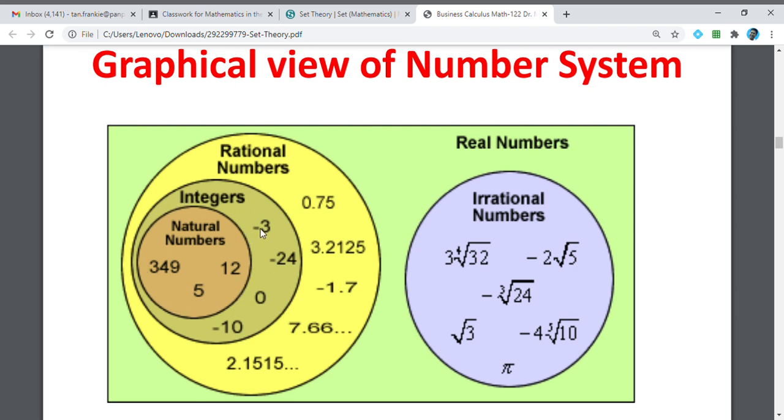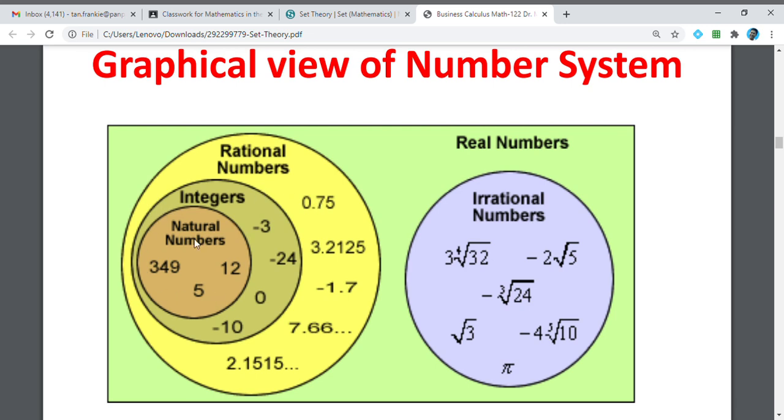Now, when these integers, natural numbers, together with 0, are expressed in fractions, always remember that from the meaning of rational number, a ratio of integers, wherein your b should not be equal to 0, so that it is still defined.